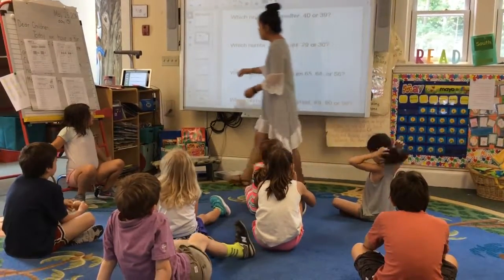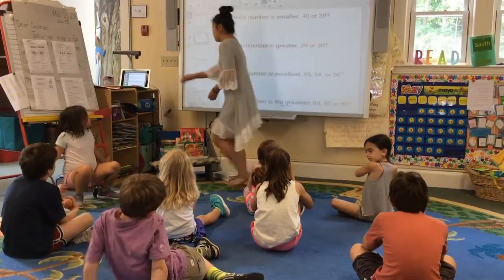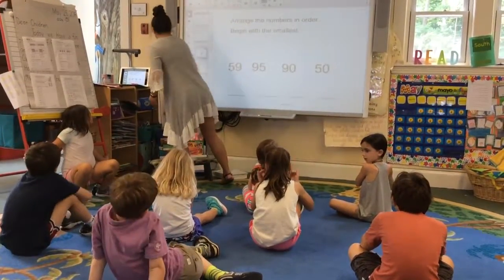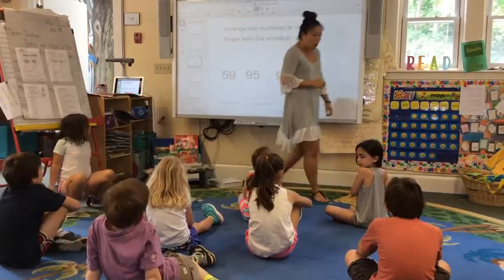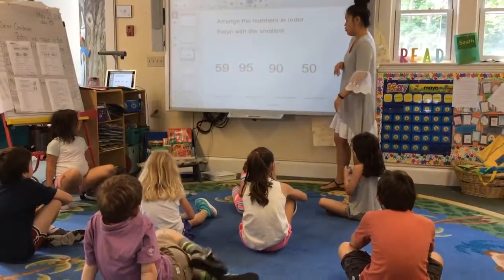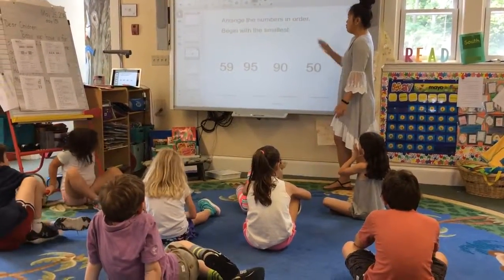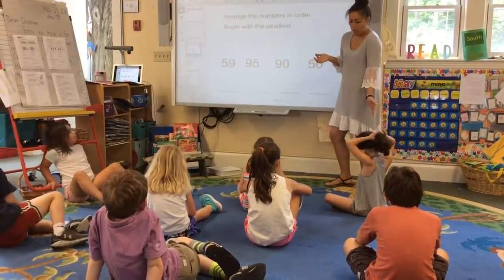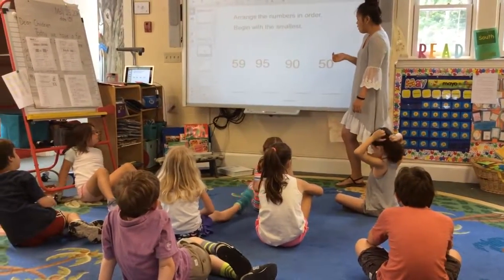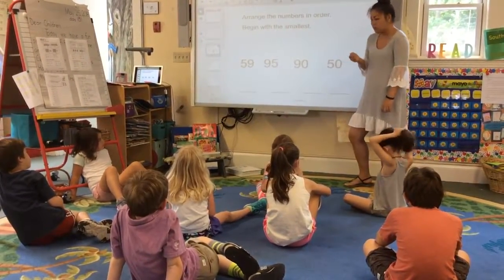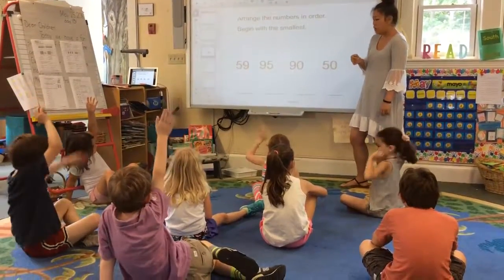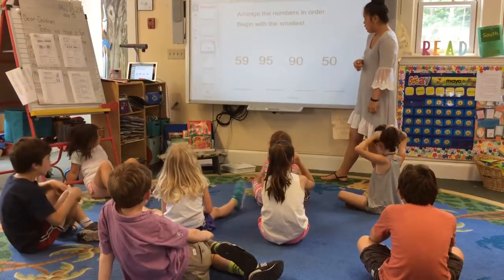Good. Now we're going to continue to compare some numbers by organizing them biggest to smallest. Or, nope, we're going to begin with the smallest on this one. So, can someone tell me which one is the smallest and how do you know? Vigo? 50. 50.